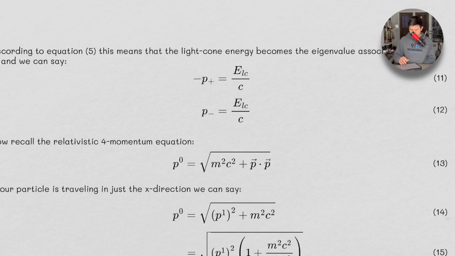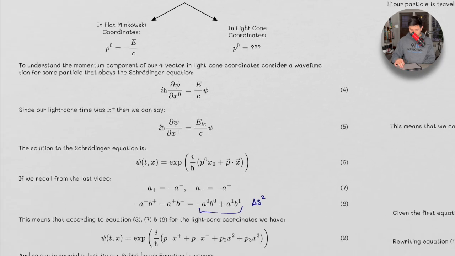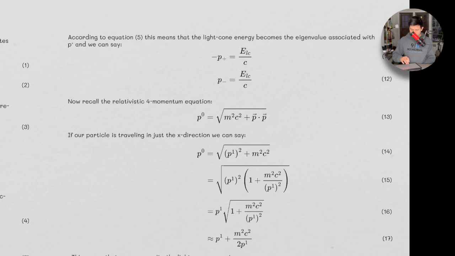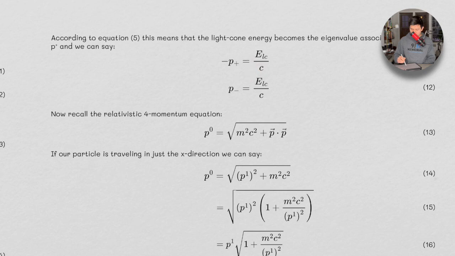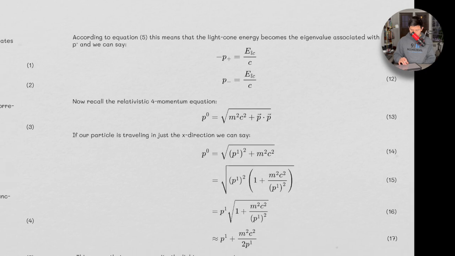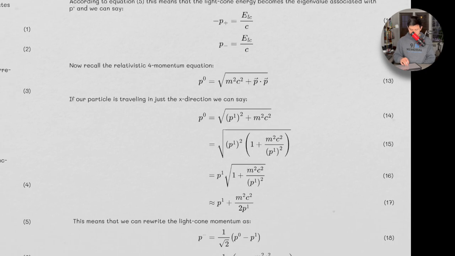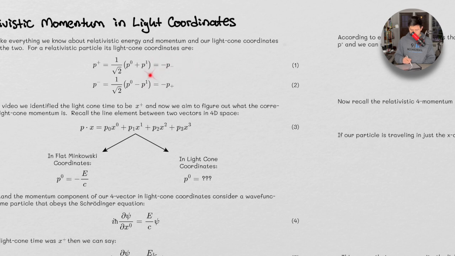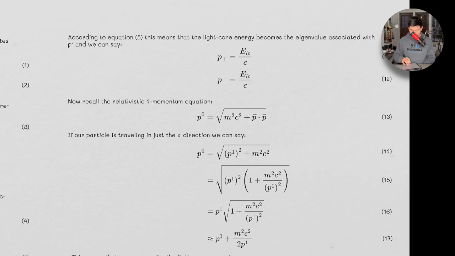But again, according to these relationships here, we can easily find out, just through a little bit of algebra, that the P negative is the same thing. These guys help also.